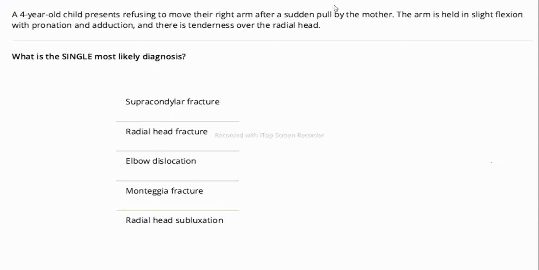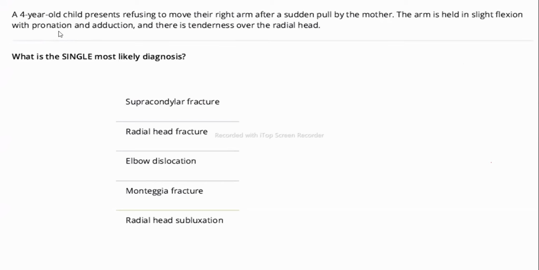Non-traumatic. Okay. So the arm is held in slight flexion. The diagnostic position is with pronation and adduction. So they can ask you in different ways. In examination, which of the following signs on inspection? So what do you think, guys? Flexion and pronation, adduction.